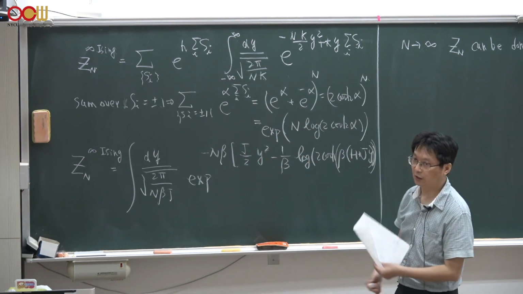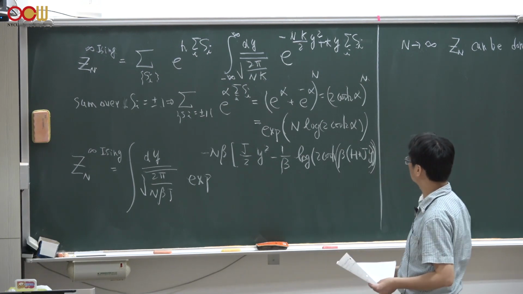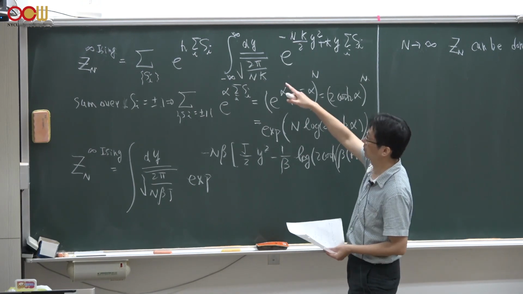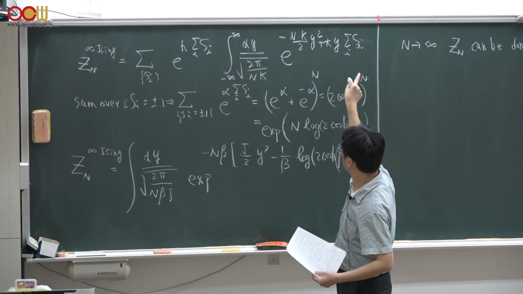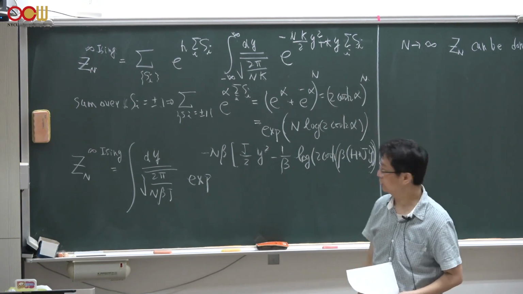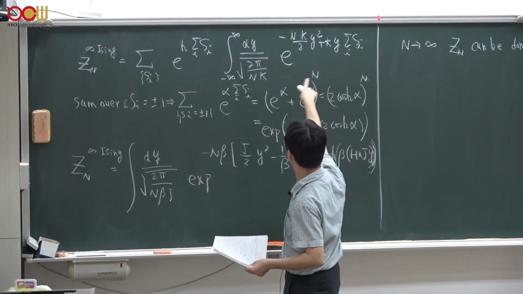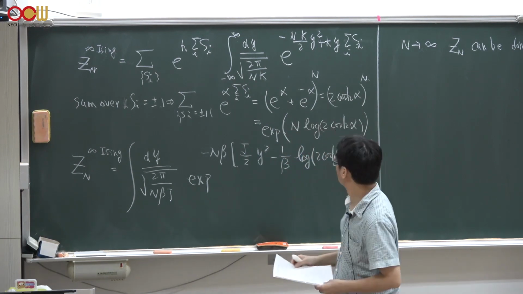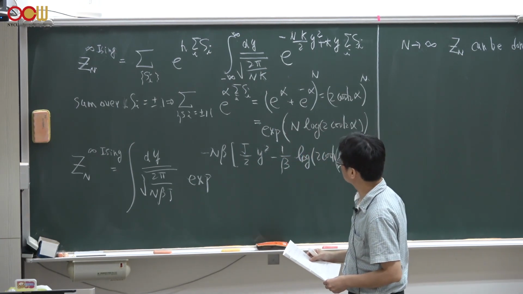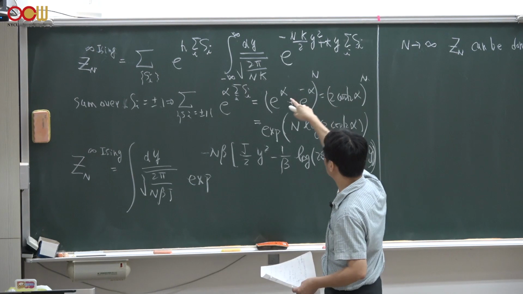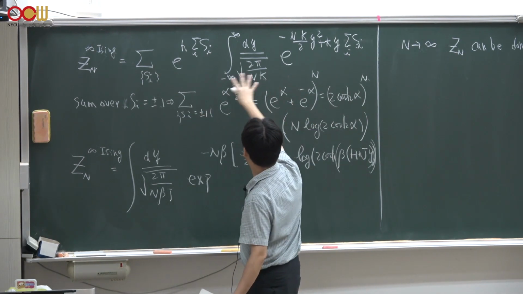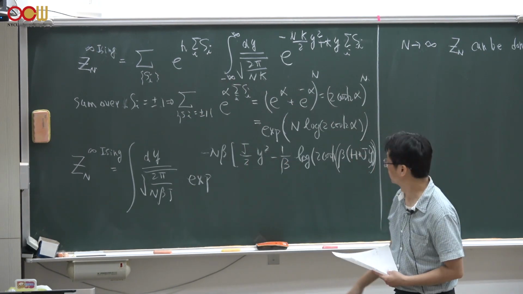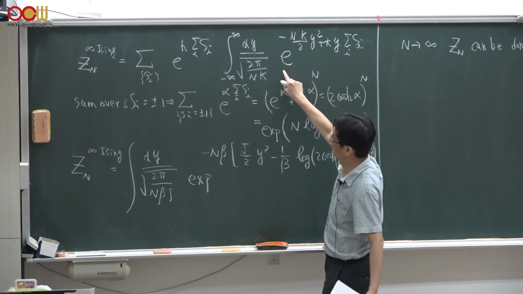Then we try to analyze this partition function in terms of the integral over y. If we plug in this Gaussian identity by completing the square in the exponent of the exponential function inside the partition function, then we could rewrite this partition function in terms of this y variable. And this is the result.